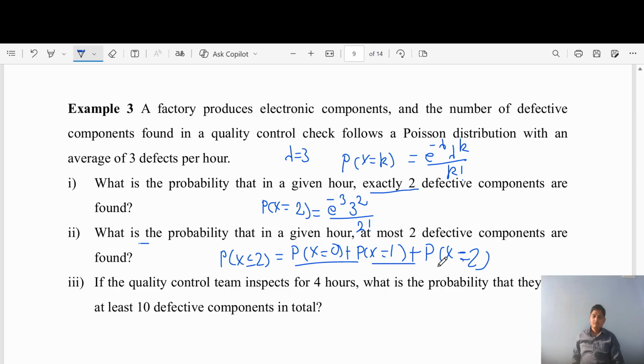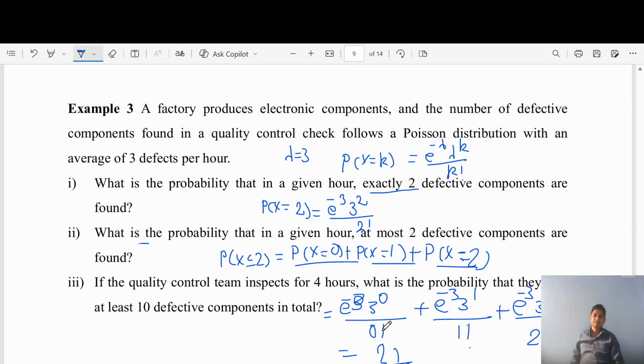So you just evaluate: X equal to 0 means e to the power minus 3, 3 to the power 0 upon 0 factorial, e to the power minus 3, 3 to the power 1 upon 1 factorial, e to the power minus 3, 3 to the power 2 upon 2 factorial. If we add all these things, we get the required answer.